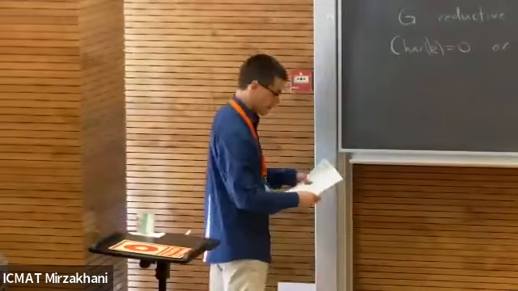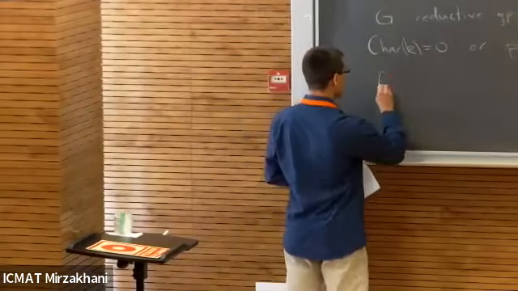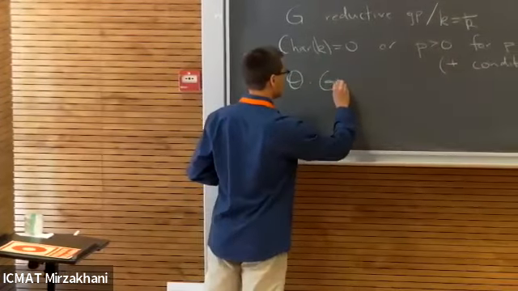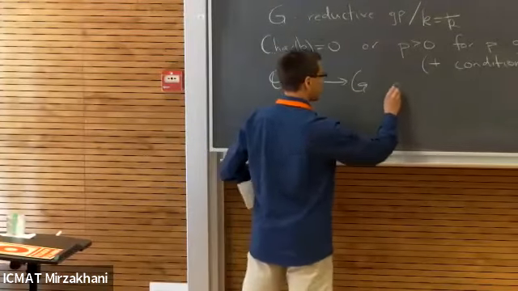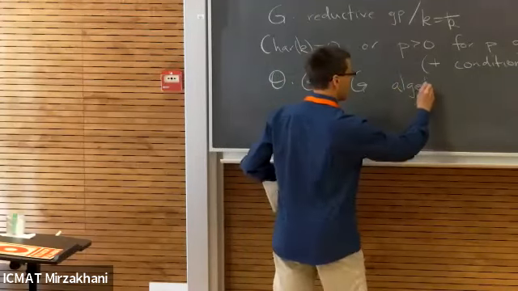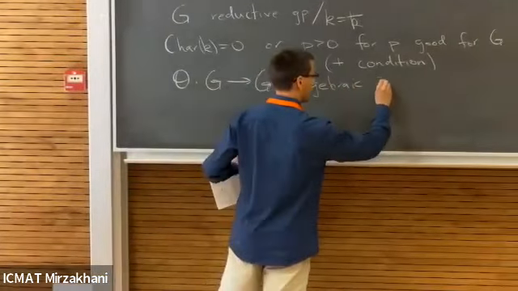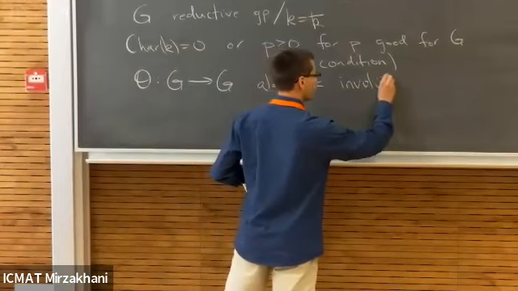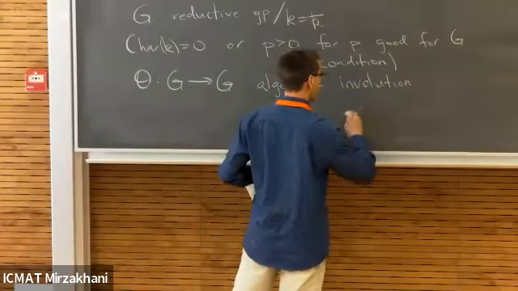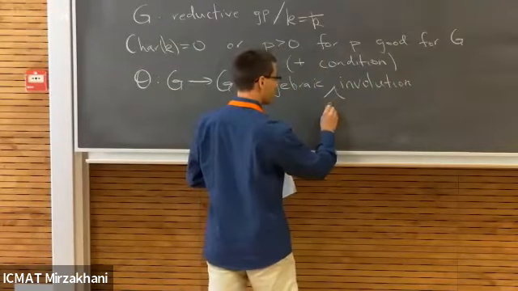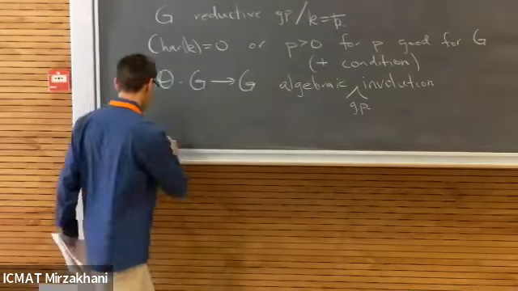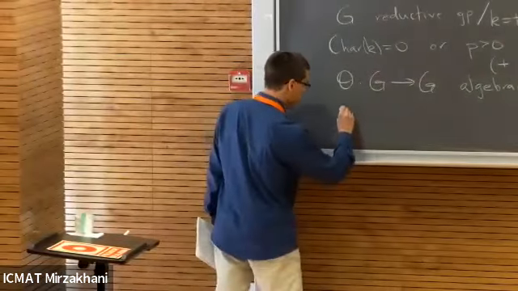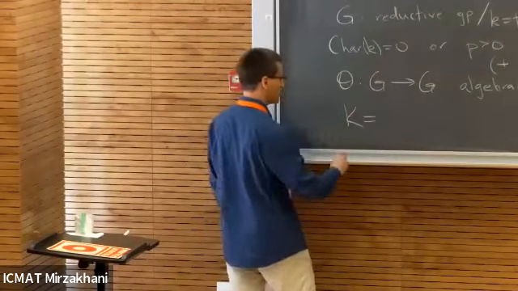A very mild condition. So let's fix some involution theta. This is going to be some algebraic involution. If you're working over C, this is going to be holomorphic. An algebraic group involution, I should say, respecting the group structure. And this involution is going to help us define a few pieces of data.